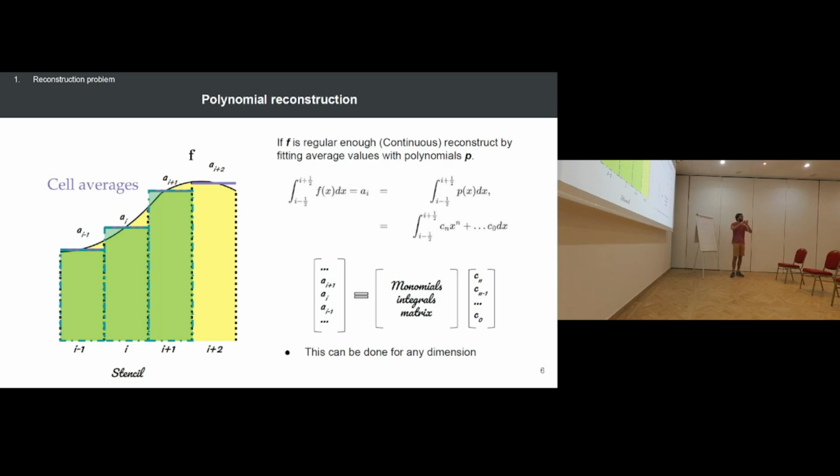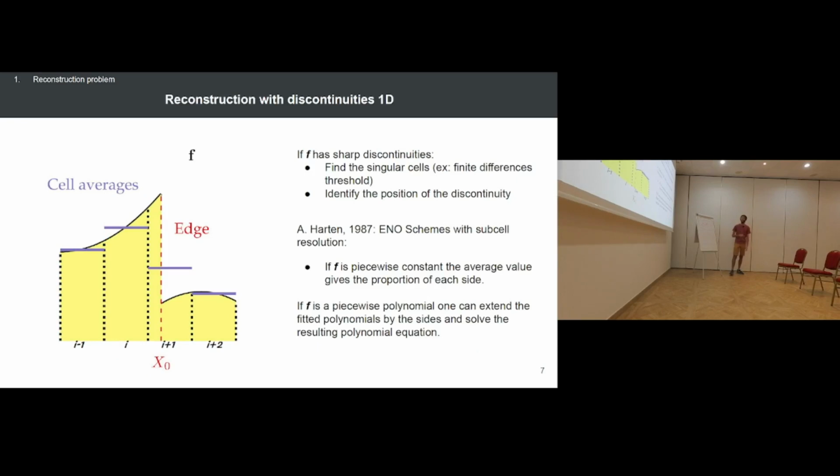We look at the averages around the cell and use them to fit the coefficients of the polynomial that best fits all these averages. And if the function is regular, it will be a pretty reasonable approximation. This procedure is represented here in 1D because it's easy to see, but in principle you can do it in any dimension.